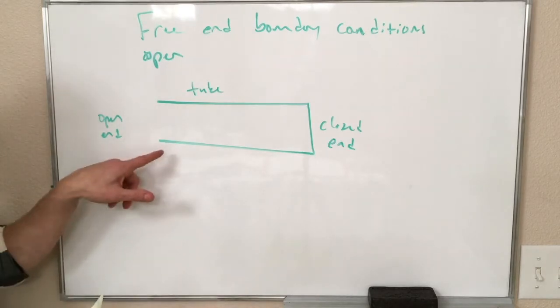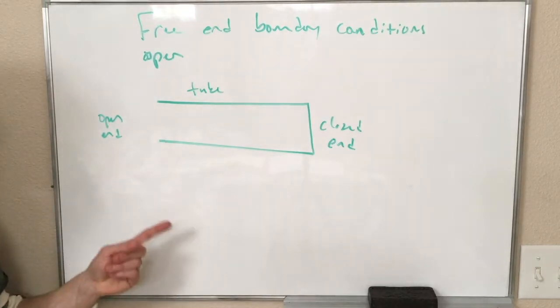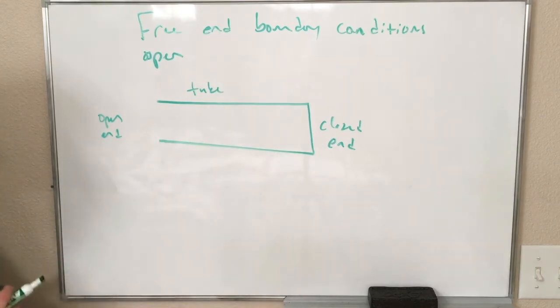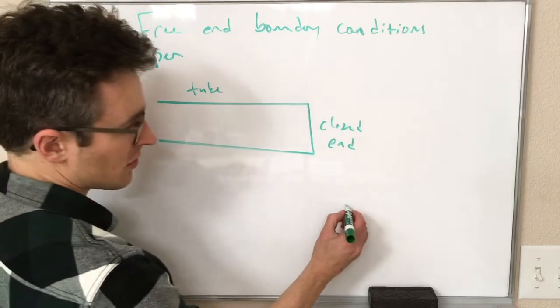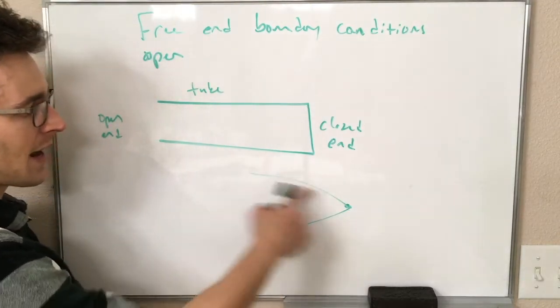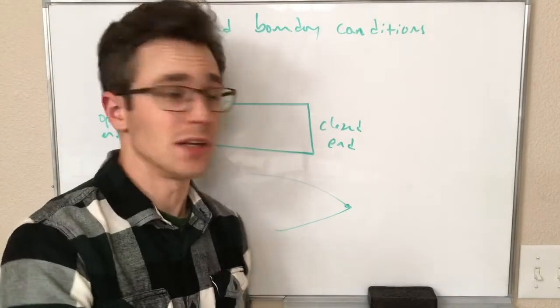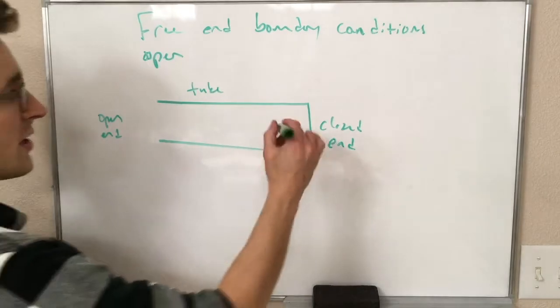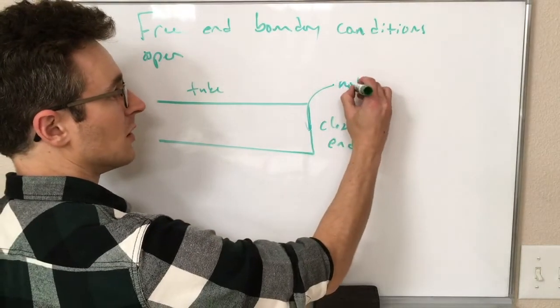So our standing waves are going to have to reflect what's going on at these boundaries. Remember, before when our string was clamped at the end, we said, if our string is not moving there, that has to be a node of our standing wave. That is still going to be true for the closed end of the tube. This is still going to have to be a node.